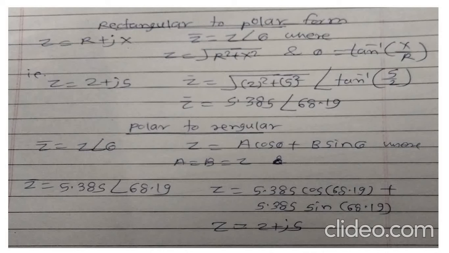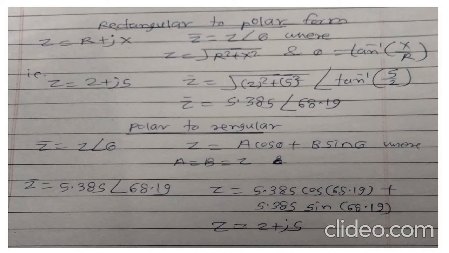So in this slide we have discussed how to convert the 2 plus j5 rectangular value into polar, and polar to rectangular value, with the help of the theoretical procedure. Now this rectangular and polar value, as we have discussed, is required for mathematical procedure.